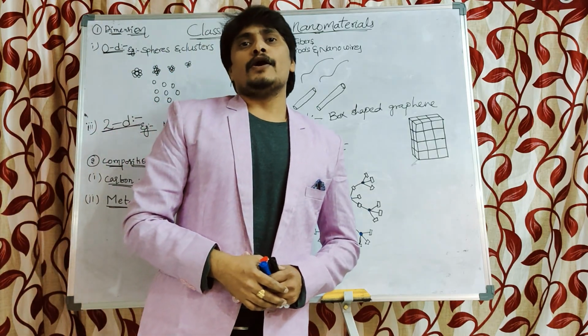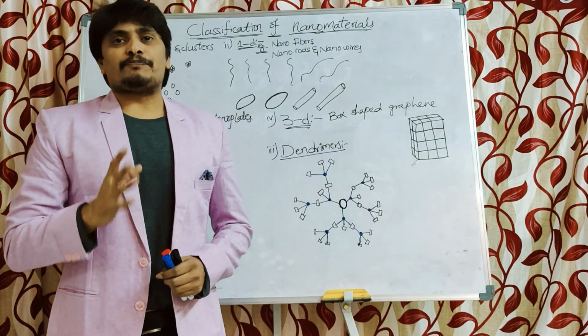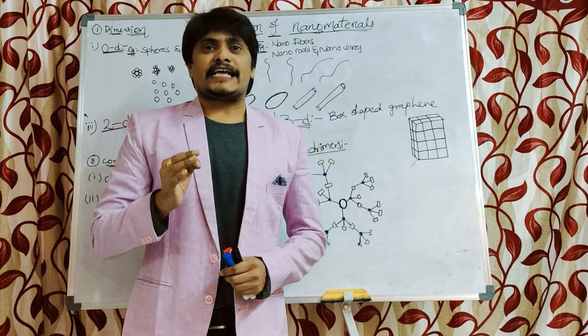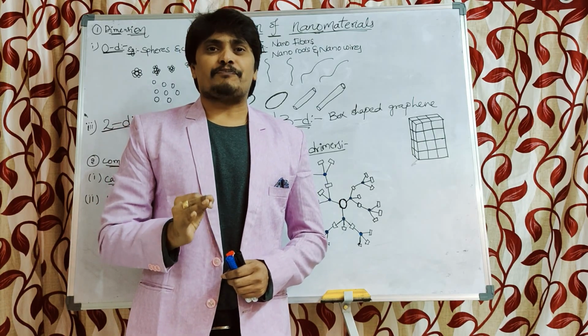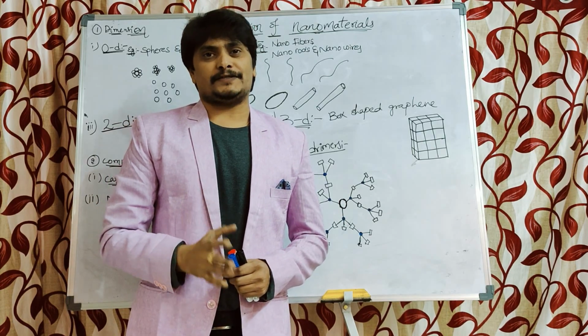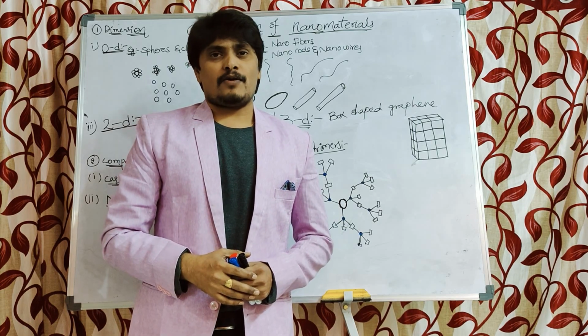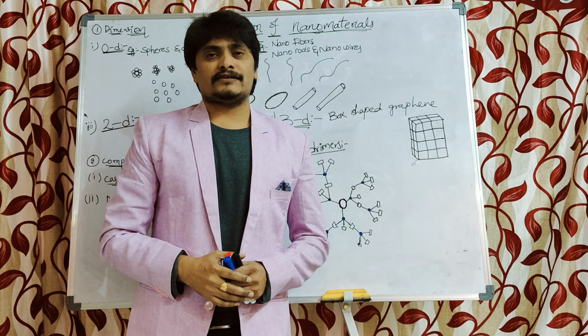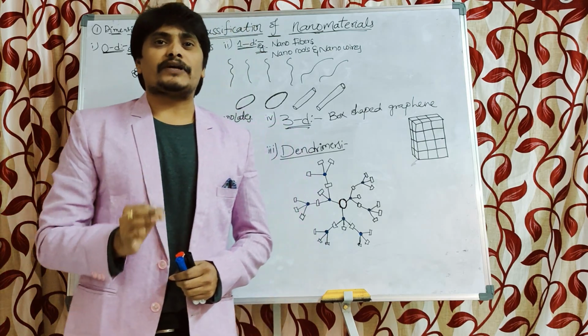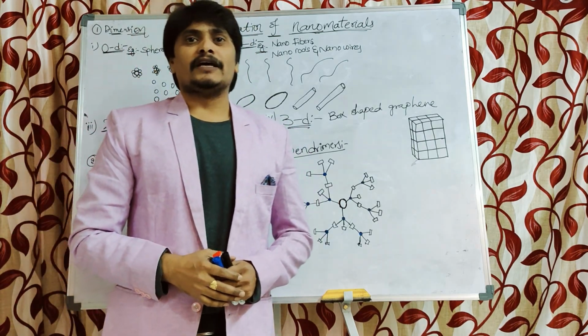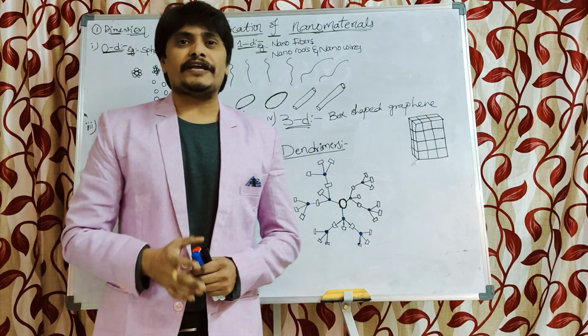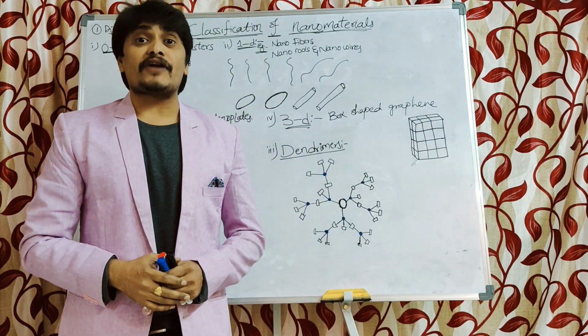Before I discuss the classification of nanomaterials based upon the dimension, first I would like to recap what nanomaterials are. I have clearly explained this in the video on nanomaterials interaction.